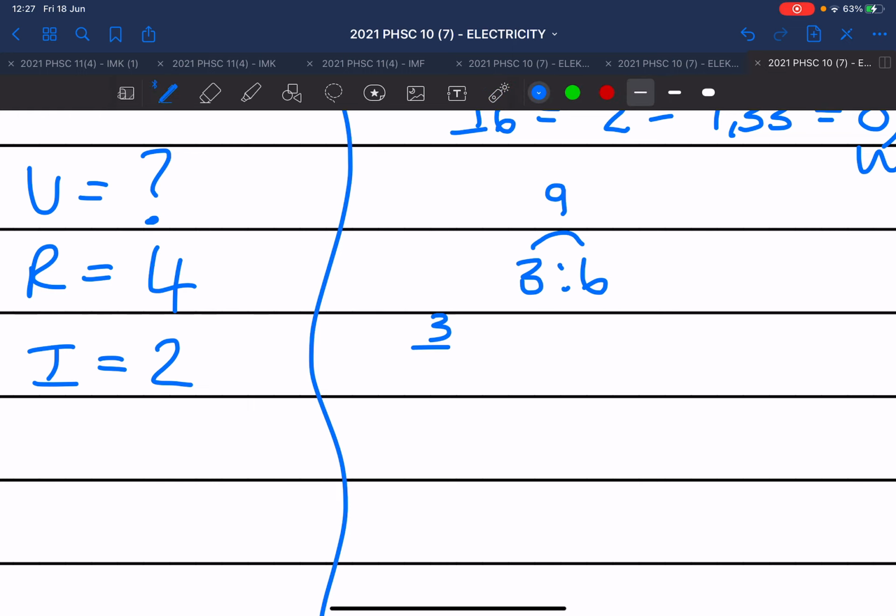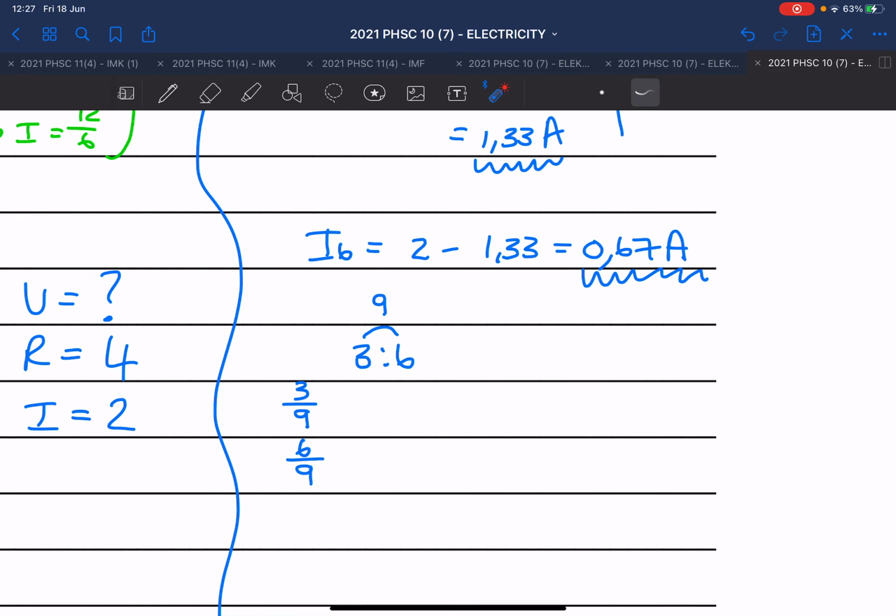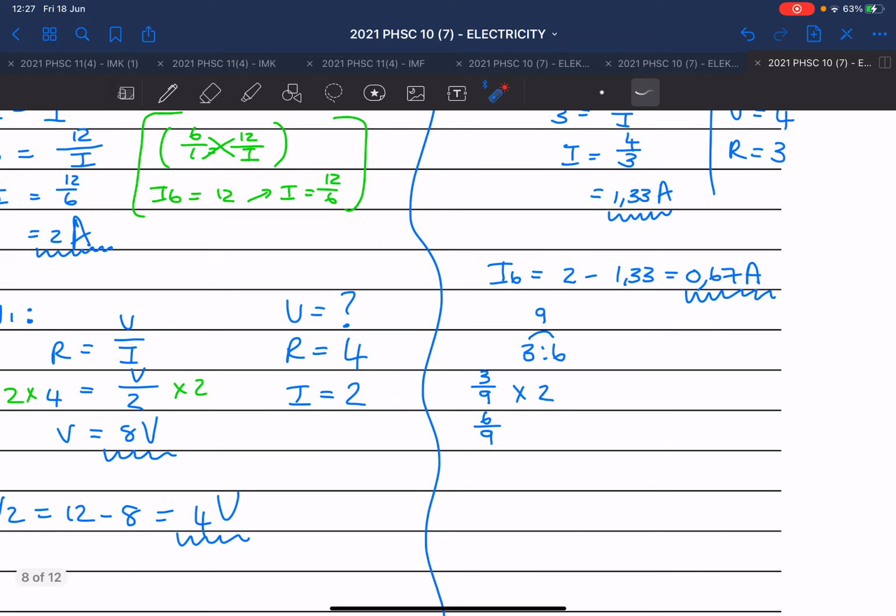So I have 3 over 9 and 6 over 9, of the total current. We calculated it to be 2 amperes, so that is where I get that 2 from, times 2. Then for the first one you get 0.67 and the last one you get 1.33 amperes.